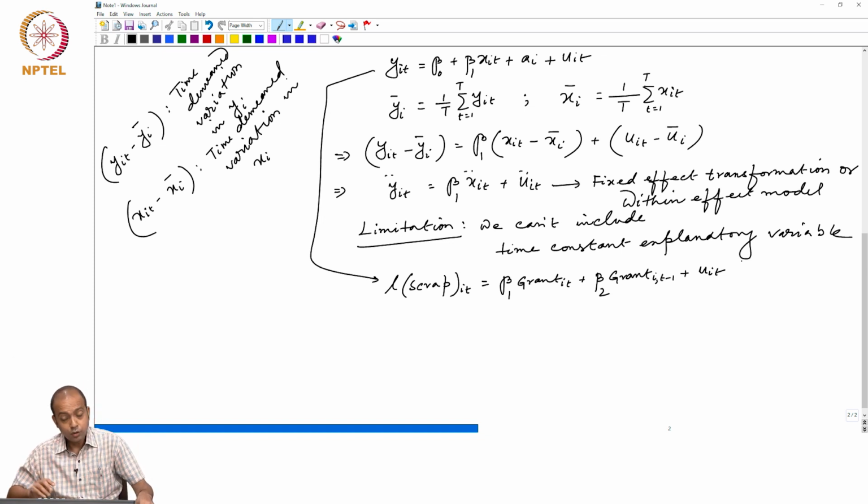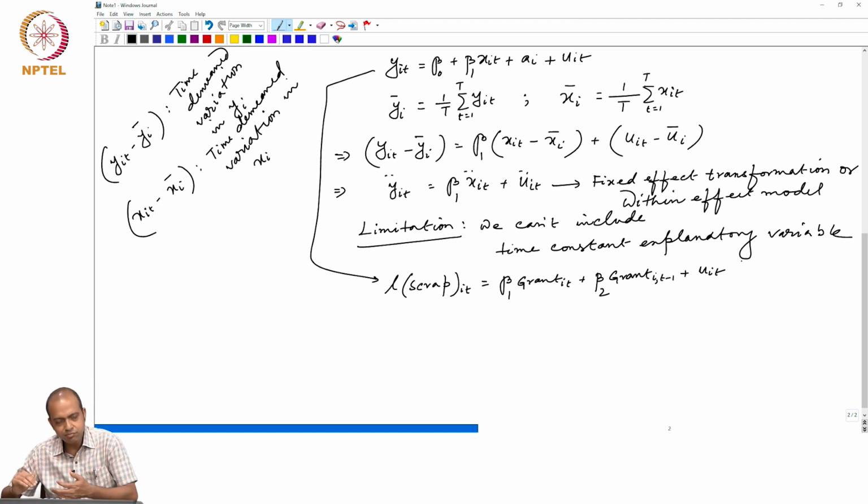Grant, and we have included a lagged variable also, because we believe that this year's grant is related in some way or the other to the previous year's grant. So, that means this year's employee performance depends on last year's training program as well. That is why we have taken the lagged independent variable also, because we believe that training will have some impact only after some time lag.